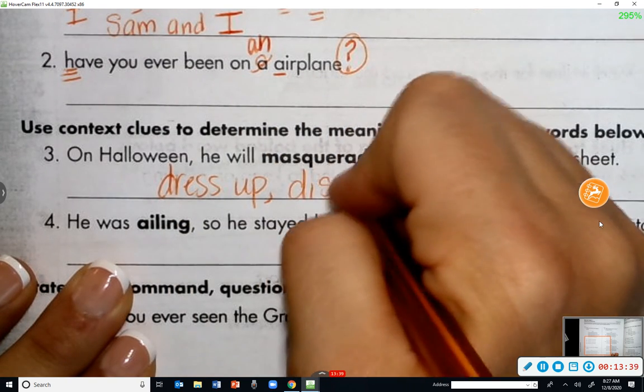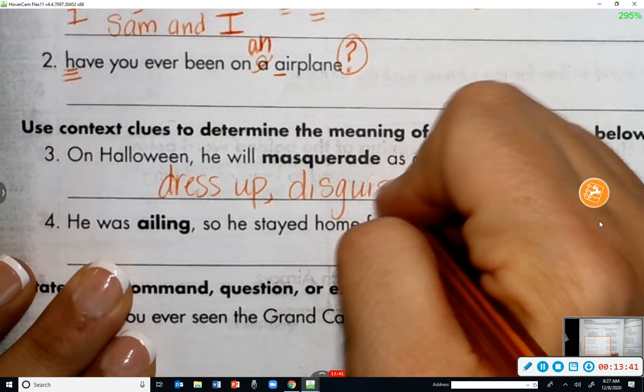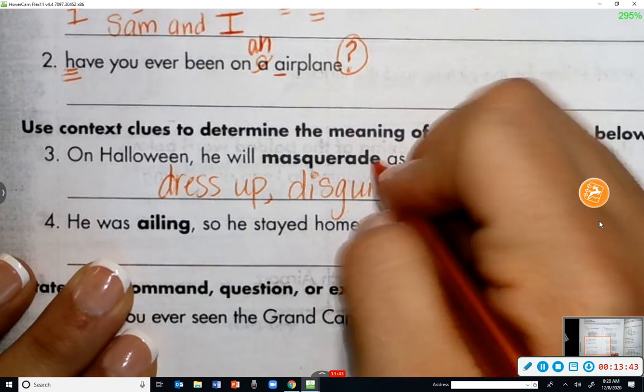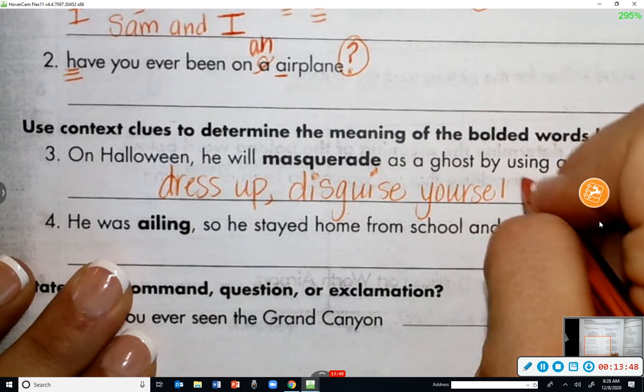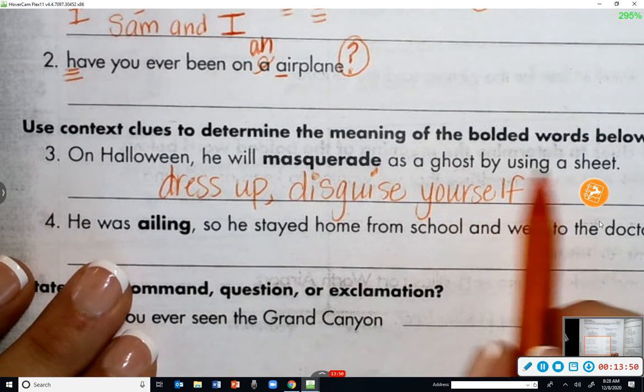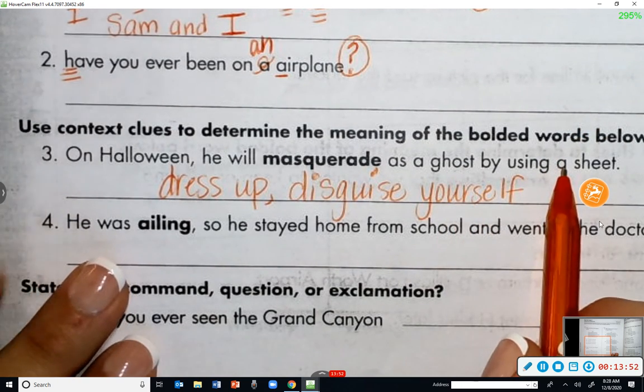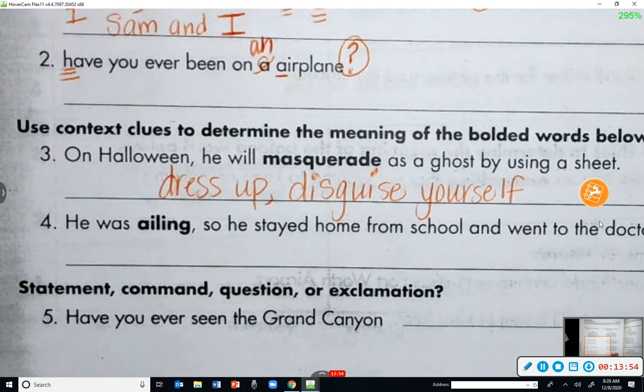Disguise yourself. Usually if you're masquerading, you're putting on a disguise. So if he's going to put a sheet on, he's dressing up, but he's also disguising himself so you can't see what he really is. He's human.